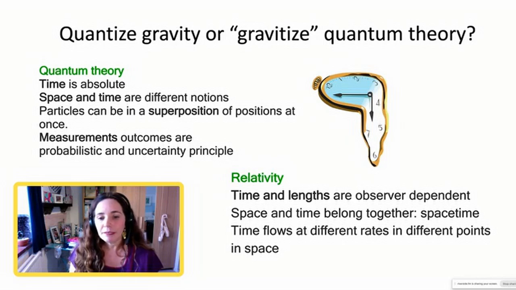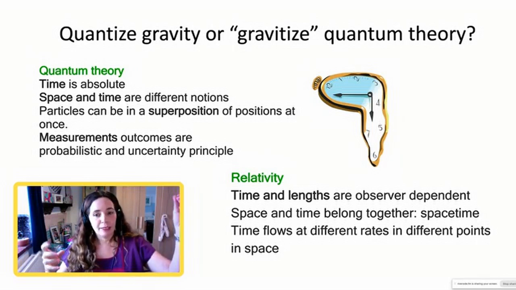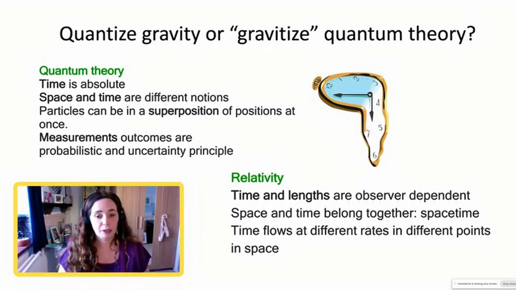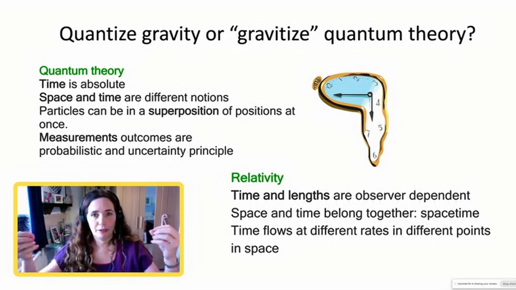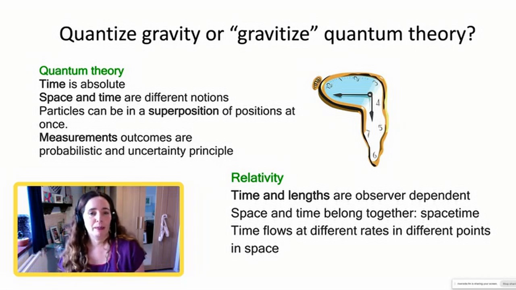And then in relativity, gravity, for example, curves space-time. If you look at two different points in space, you can see that time flows at different rates at different points.